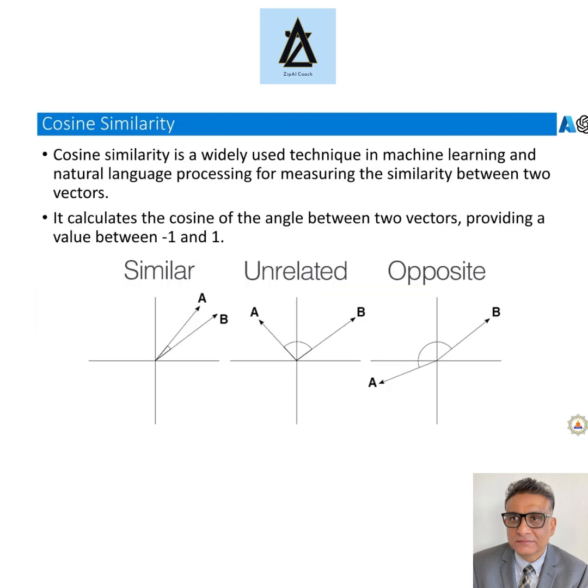Now, once you do that, you would like to do some prompting on top of it. Like I said, in that embedding you have something called cosine similarity, which is a method used in machine learning and natural language processing to measure the similarity between two vectors. So you vectorize your content after splitting it into chunks.